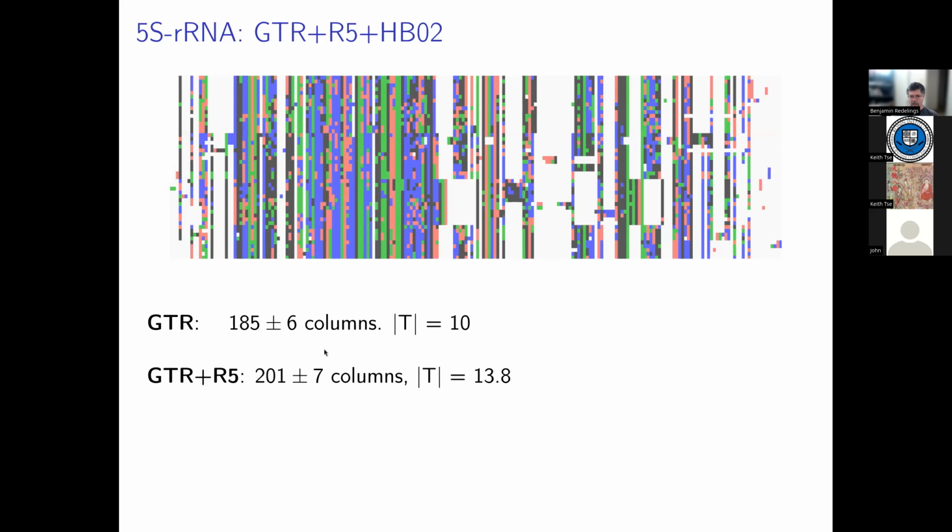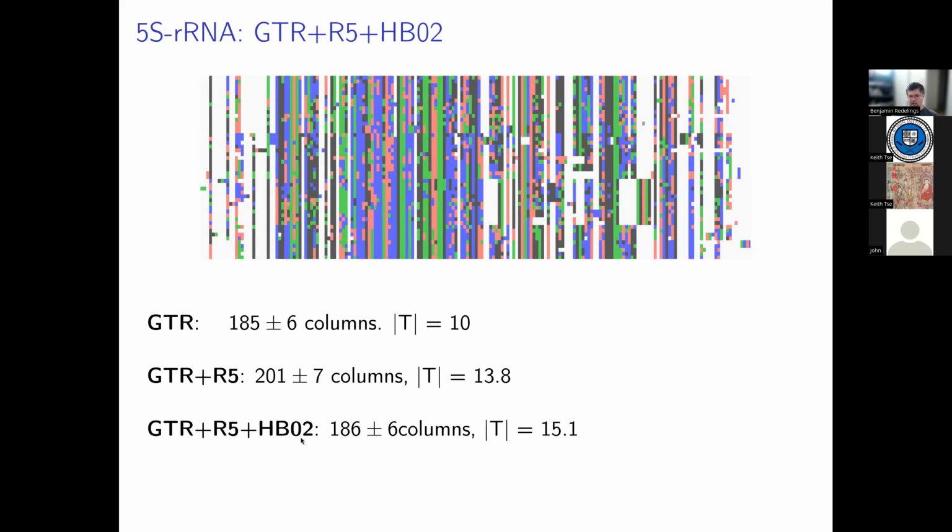If we switch to the rate variation model, we get 15 extra columns because of these column splittings, and the tree length grows to 14. This is because we're allowing more changes to occur per column in the high rate columns. And now if we try our new heterotachy model, we go back down to about 186 columns, and the tree length goes up even further.